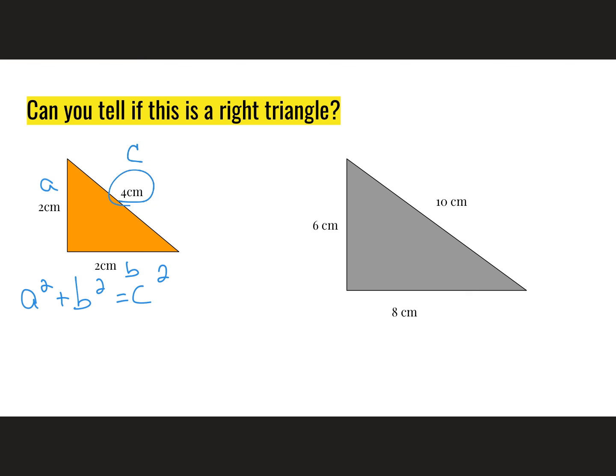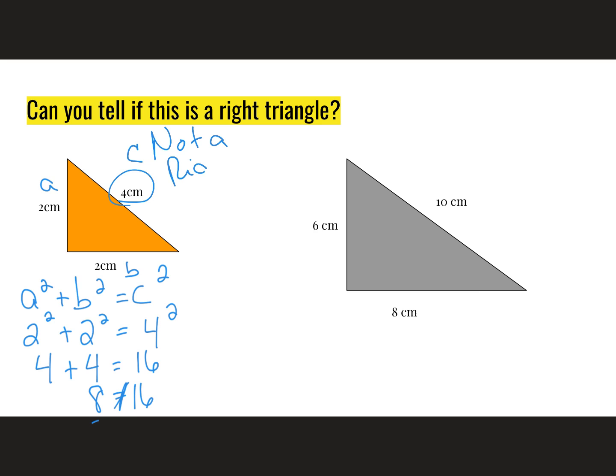So side A is 2, so I have 2 squared plus side B is 2, 2 squared equals side C is 4, 4 squared. Well, 2 squared is 4, 2 squared is 4, 4 squared is 16. So I end up with 8 equals 16, which is not true. So this one is not a right triangle.